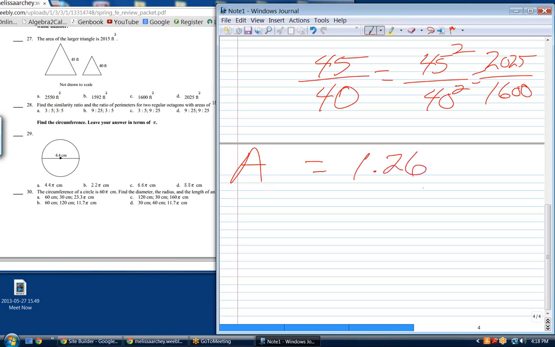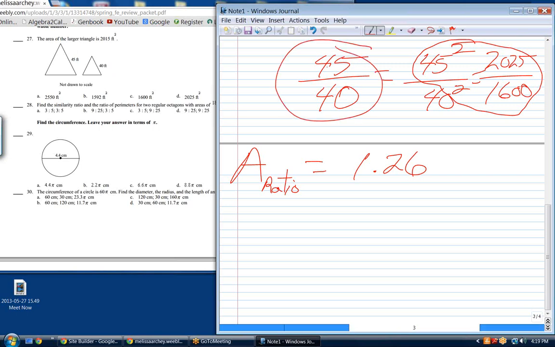Okay. So we've just calculated the area ratio. In other words, we were given the linear, 45 to 40. From this, we know what the area ratio has to be. Has to be 1.26 to 1.